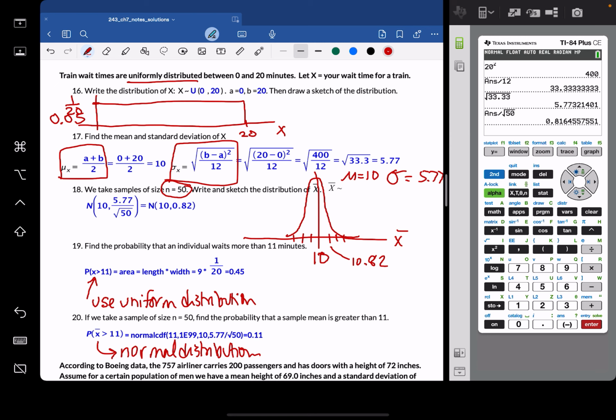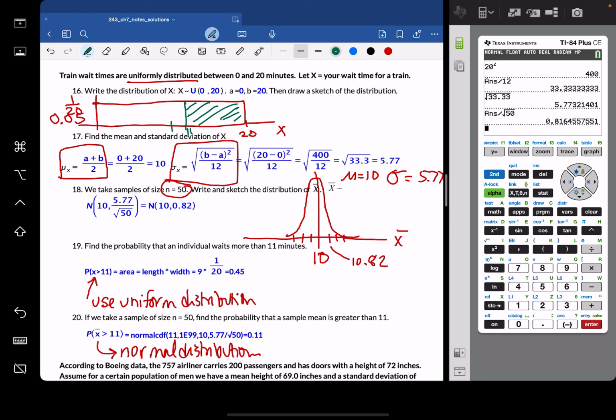So when I'm in the uniform distribution, area is probability, and so length times width, and I'll shade the area that we're discussing. We're talking about the probability of being bigger than 11, so I'll just say that 11 is right there, and I'm trying to find that area.